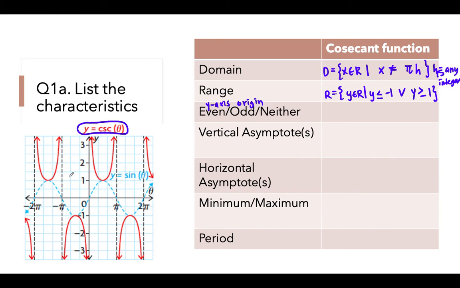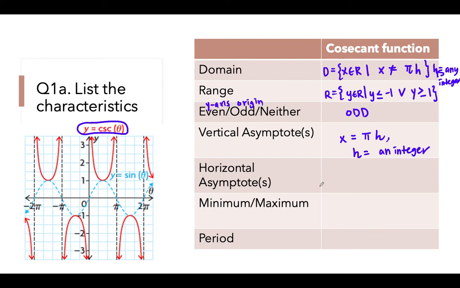You can flip once and flip it again. So it's an odd function. Vertical asymptote, yes, there is. In this case, the asymptote occurs at x is equal to pi times h, where h is an integer.